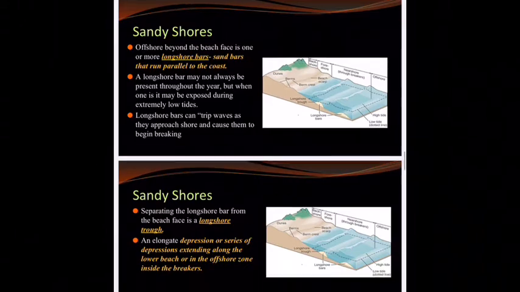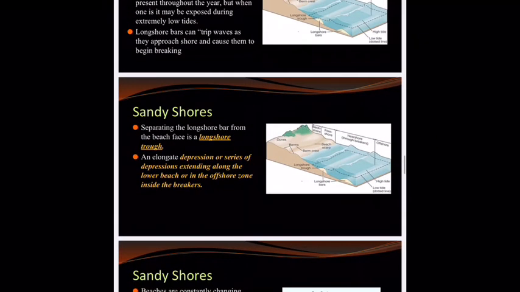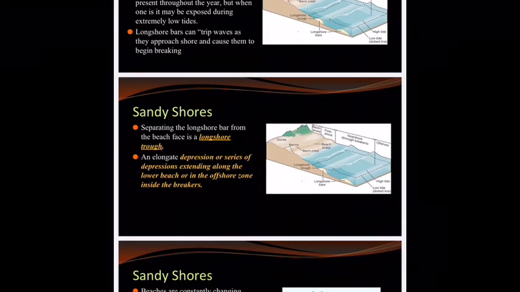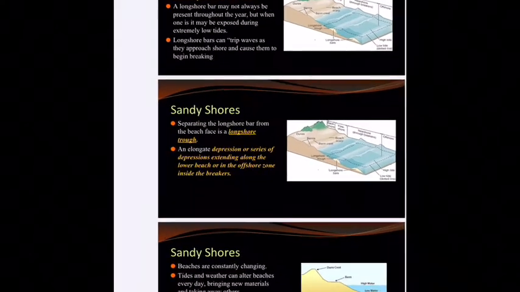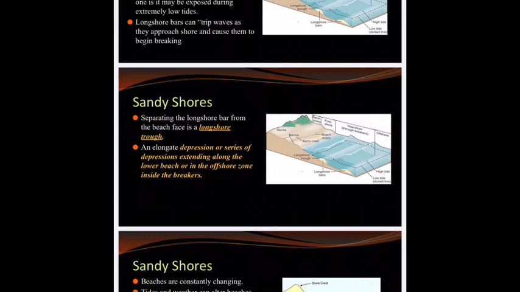Now, in the middle, between these little bars, which you guys will call sandbars, there will be what's called a longshore trough, and that's where it goes down, where there's a little depression right there, okay? And it could be a series of those that go alongshore depending on how many longshore bars there are.